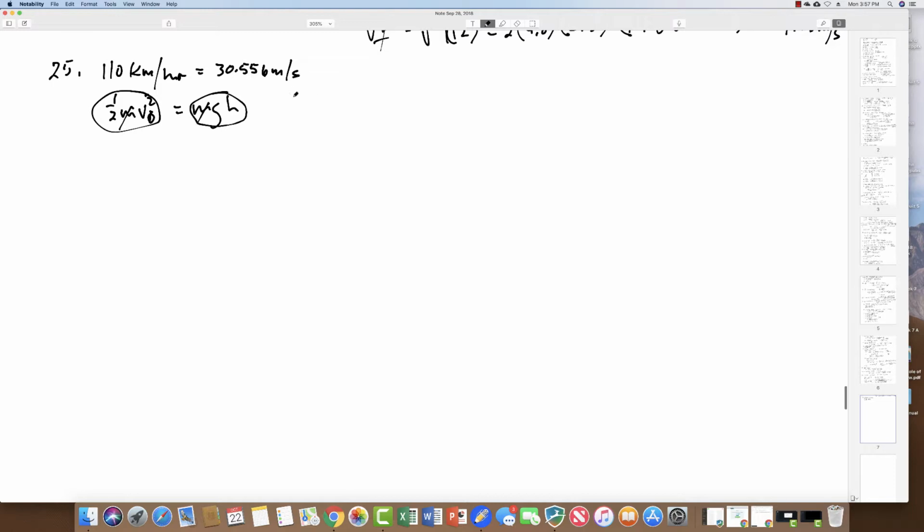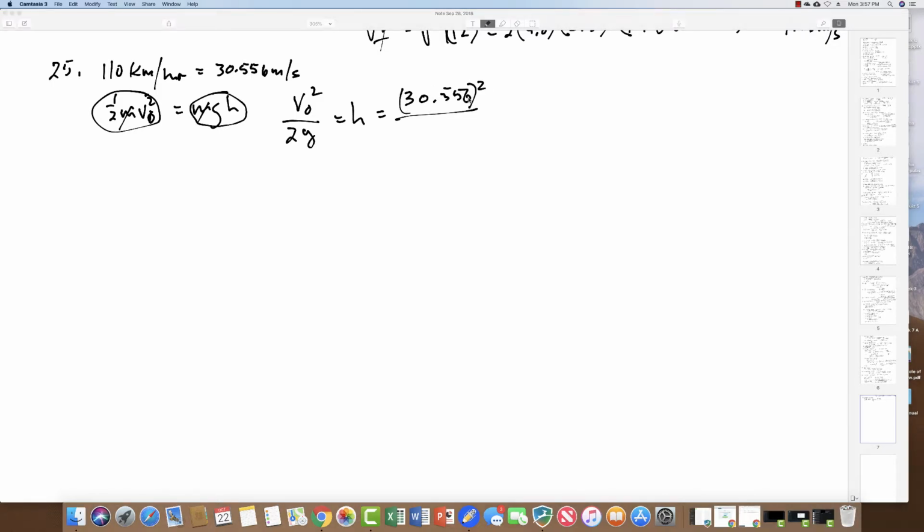So you end up with v0 squared over 2 times g is equal to h. So 30.556 squared divided by 2 times 9.8. And if you do the math here, you get 48 meters.